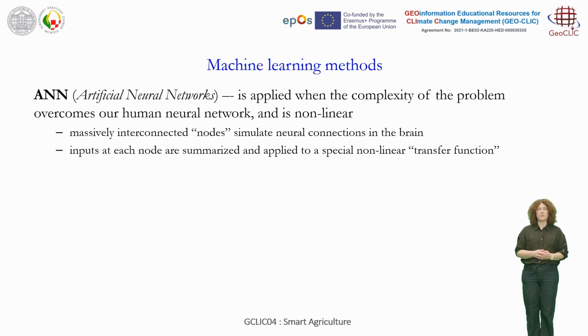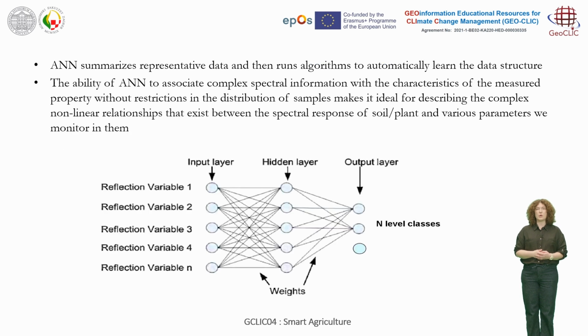Artificial neural networks are applied when the complexity of the problem overcomes our human neural network and when it is non-linear. It tries to simulate neural connections in our brain with these massively interconnected nodes to find these relations. It summarizes representative data and then runs algorithms to automatically learn the data structure.